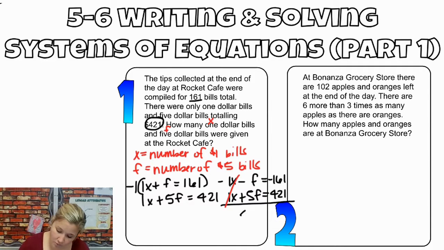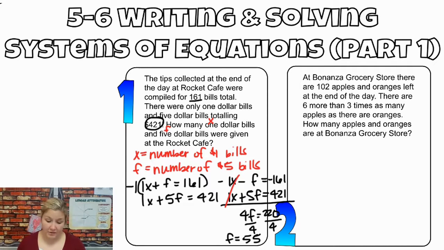So I'm left with 4f is equal to 220. Then I'm going to divide by 4 on each side, and so F is going to be equal to 55. So there were 55 $5 bills.